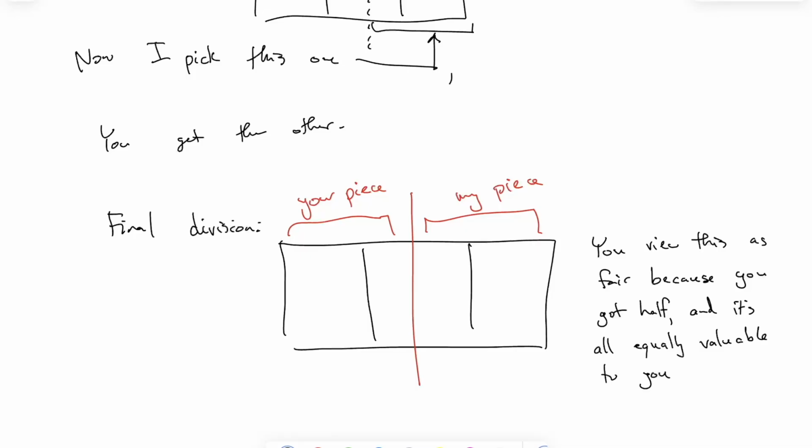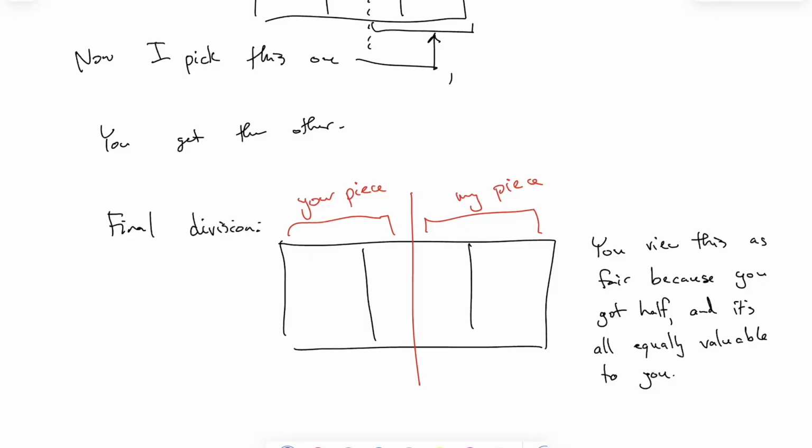This is all about people's differing opinions about the value. So your piece to you seems fair. It seems to be exactly half of the total value. What about my piece to me? It's actually a little bit different.